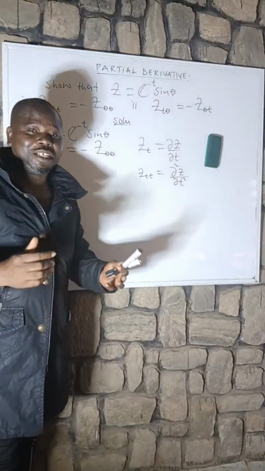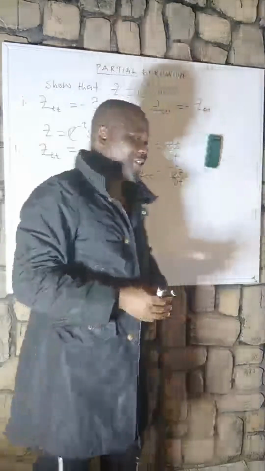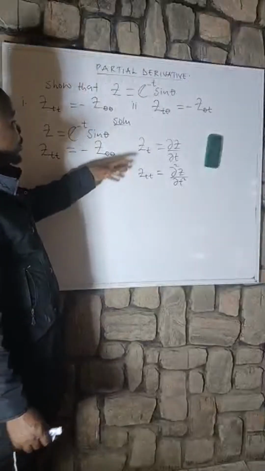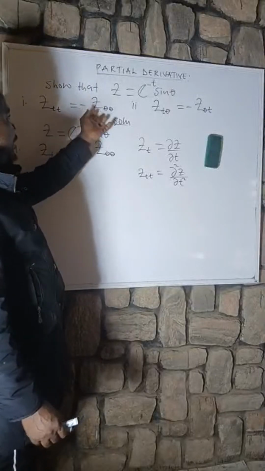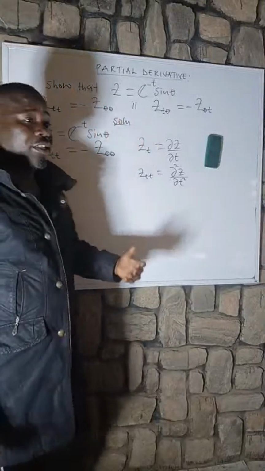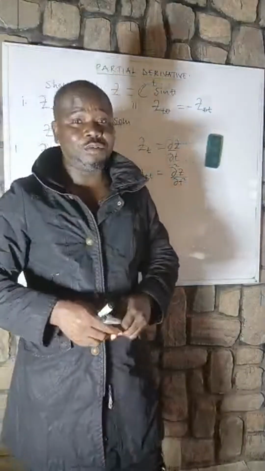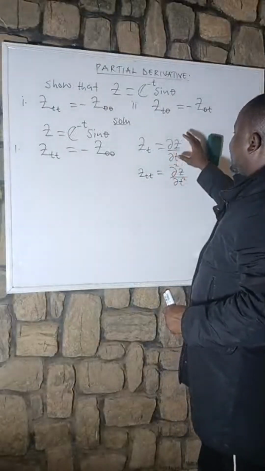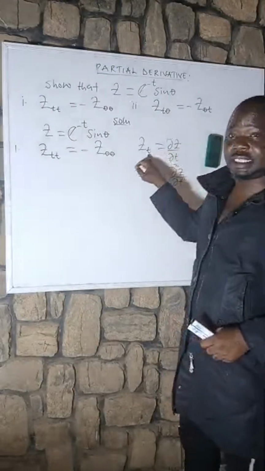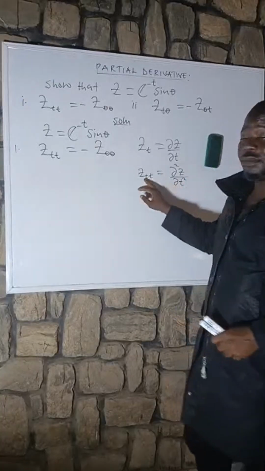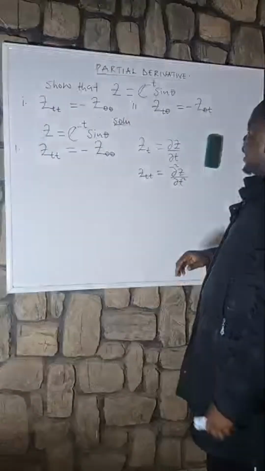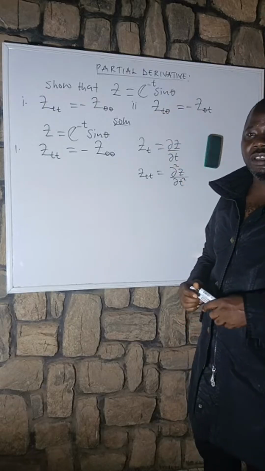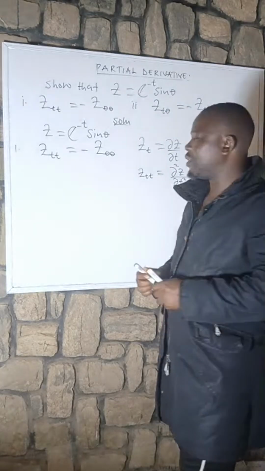Those who are going into mathematics are used to this, because not every lecturer or teacher will go deep to explain all these things. Anywhere you see this, it's the same thing as this. Anywhere you see this, it's the same thing as this. But you may ask, what of this? Let me explain it to your own understanding.